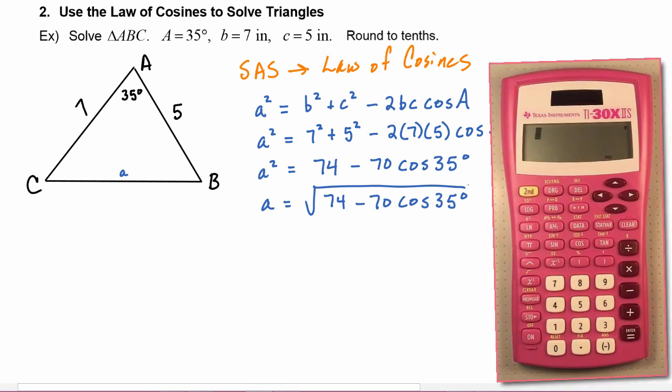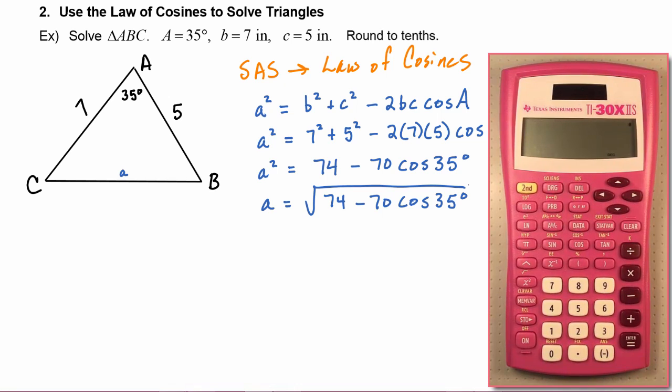So go ahead and grab your calculator. To get the square root, you have to hit second square root, and then you'll put in 74 minus 70 times the cosine of 35. Now you'll need to close the parenthesis of the cosine function as well as the parenthesis for the square root function, and then hit enter.